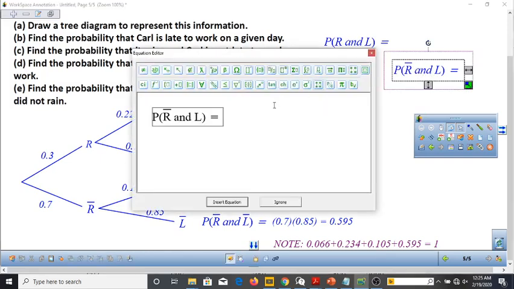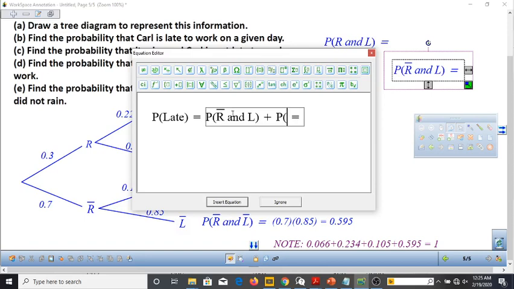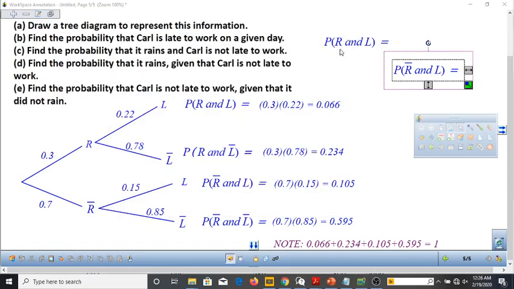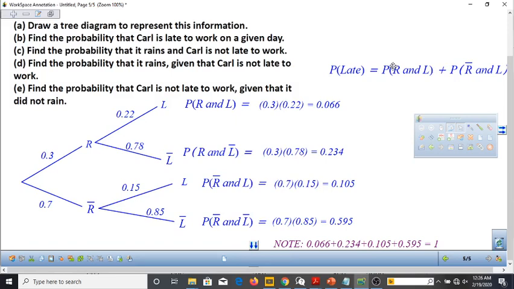Probability of late is equal to probability of R and L plus probability of not R and L. In other words, there are 2 cases that he could be late, and those cases are either that he's late when it rains, or, and if it's an or, you add the probabilities, he's late and it doesn't rain, which makes our life very easy now, because all we have to do is add the 2 probabilities.